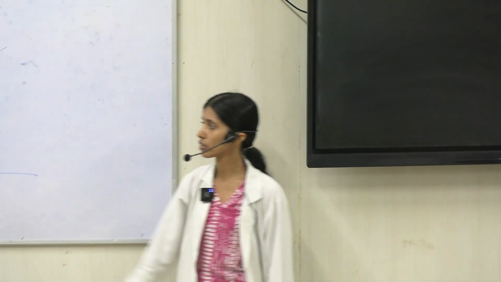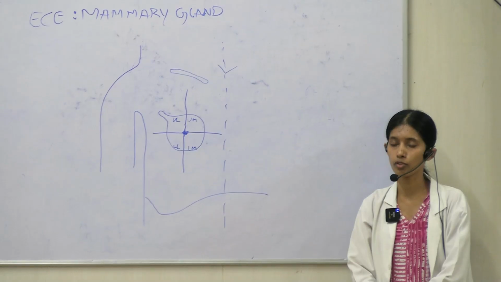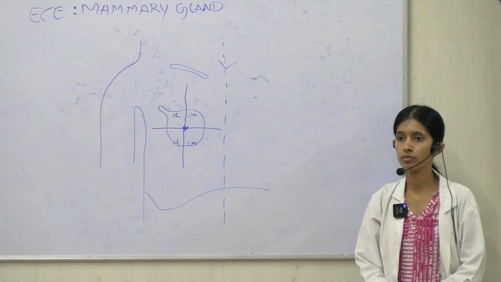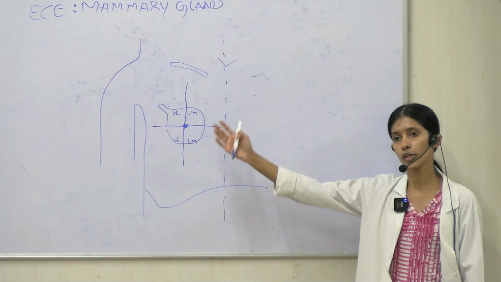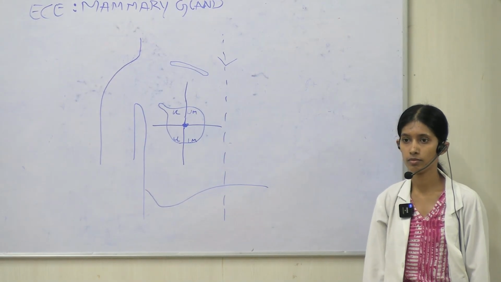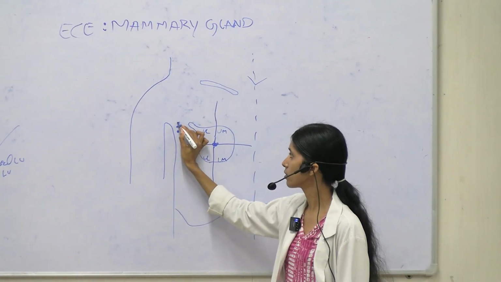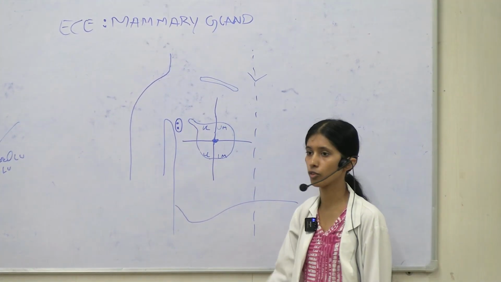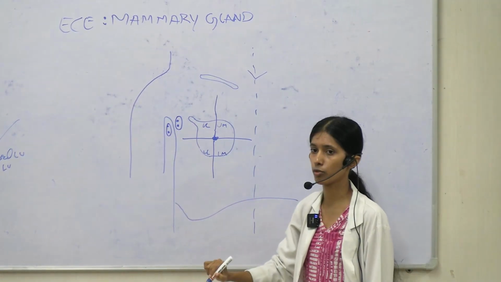Okay. Next, the very first one is the axillary lymph node. Where can we see the axillary lymph node? Or where are you going to mark your axillary lymph nodes? First we have the anterior group of axillary lymph nodes, followed by the posterior group of axillary lymph nodes.